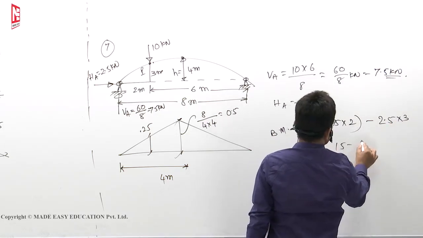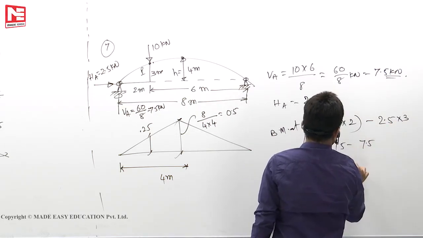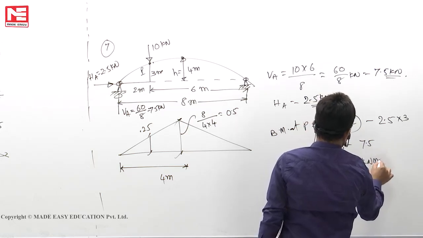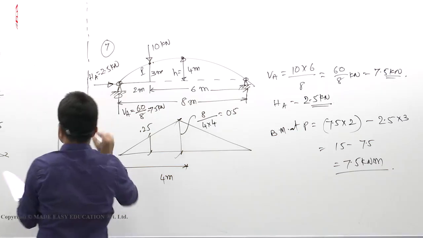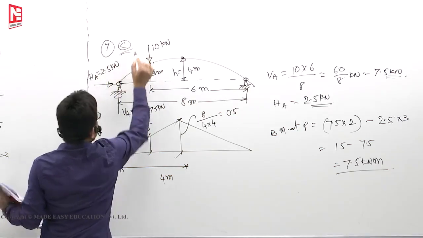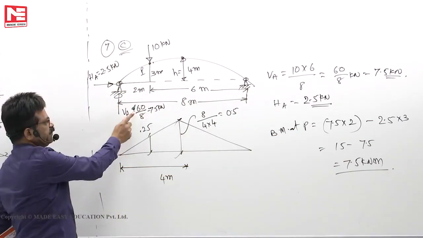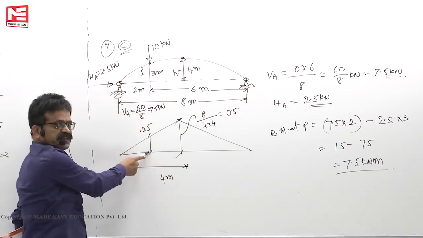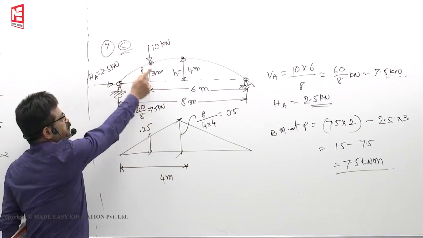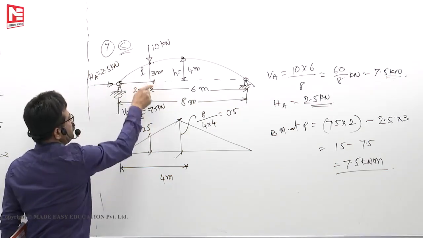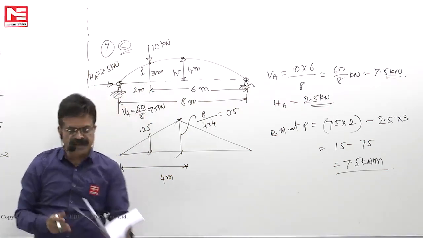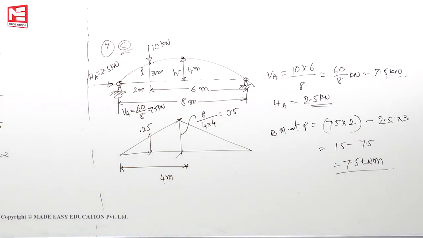So 15 minus 7.5. So you will get 7.5 kilonewton meter. Seventh question, 7.5 means C. So first we will find VA, then HA you take the help of ILD, then bending moment at P means stand here, look left. VA into 2, HA into 3. Like that.